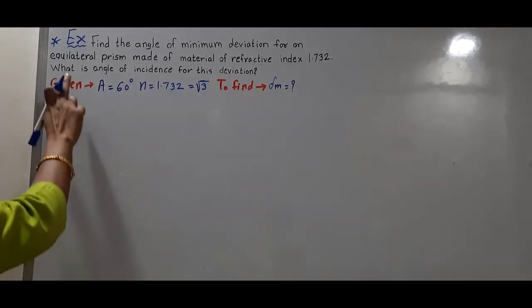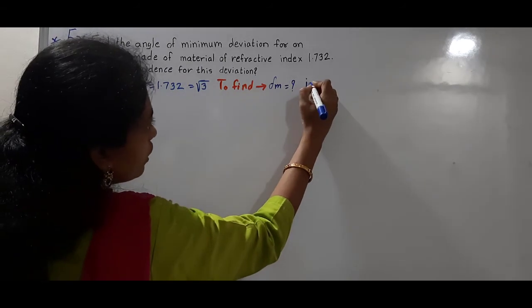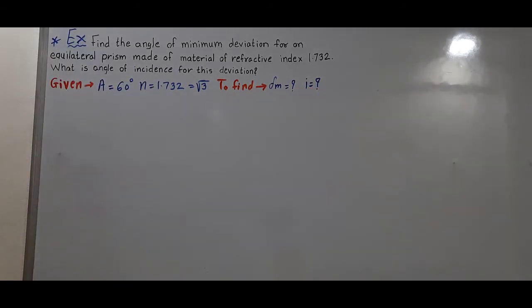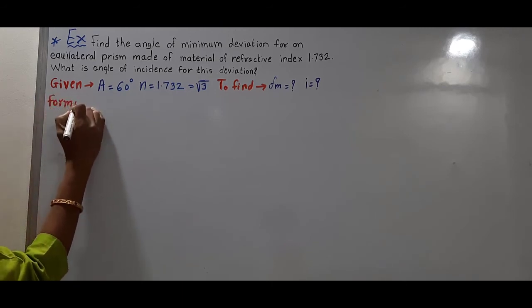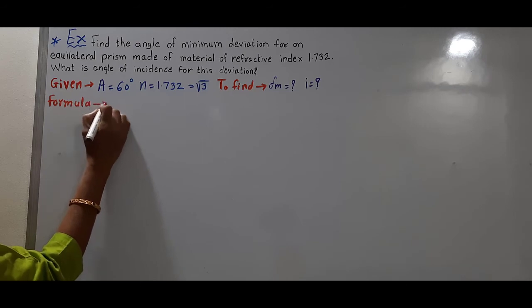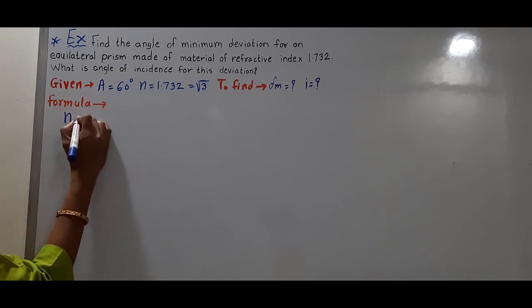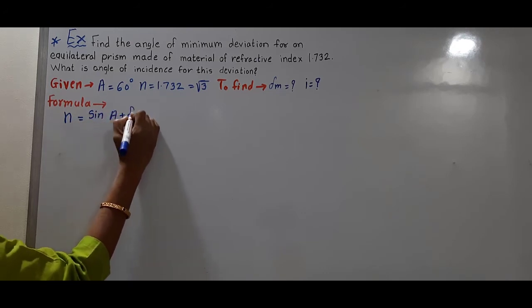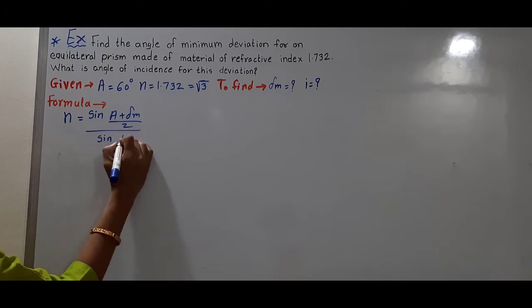Also, the angle of incidence for this deviation, we have to find out. For this, we will use the formula. The formula of prism: n is equal to sine of (A plus delta m) divided by 2, upon sine A by 2.